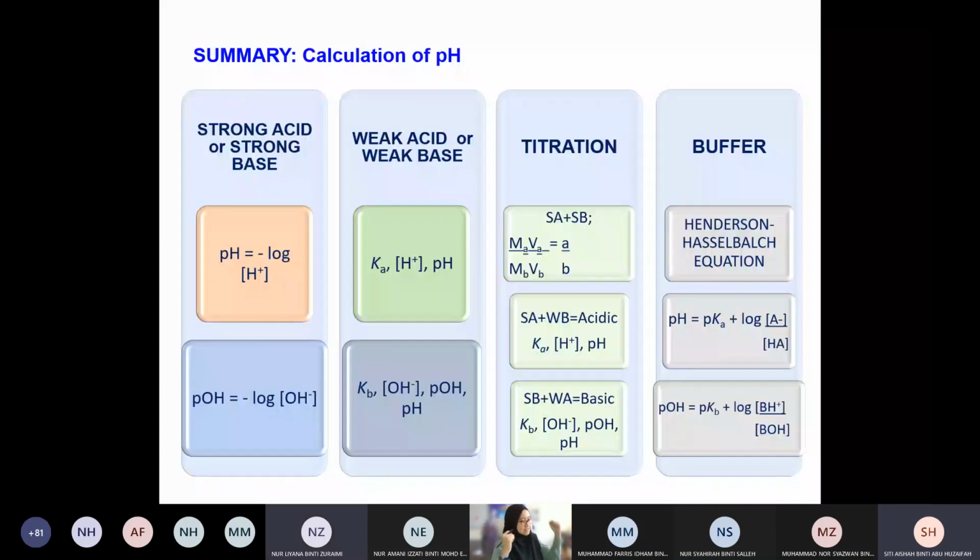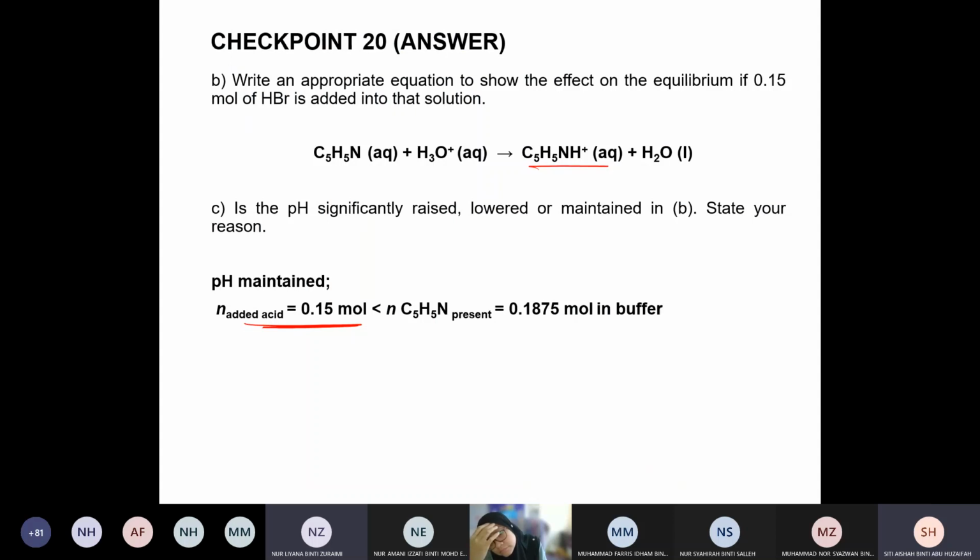Madam. Ya. Yang B tu kan kalau saya buat tambah H plus bukan H3O plus. Kalau you tambah H plus, so you pergi kat, tak ada H2O. C5H5N, you tambah H plus kan, so dia jadi ada satu produk dia, betul tak?